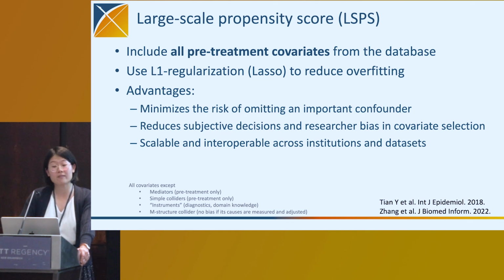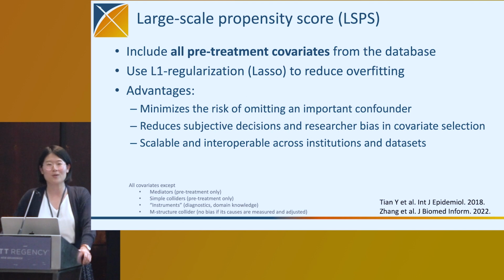There are many advantages of this approach. The top three that I summarize here: first, it minimizes the risk of omitting an important confounder since we're including all. Second, it reduces subjective decisions and researcher bias in covariate selection. So it avoids human bias and p-hacking. If the difference between a p-value of 0.049 and 0.051 is because of a few covariates, then I understand.